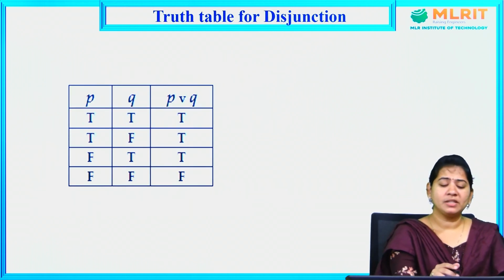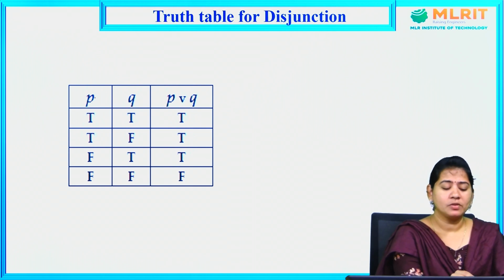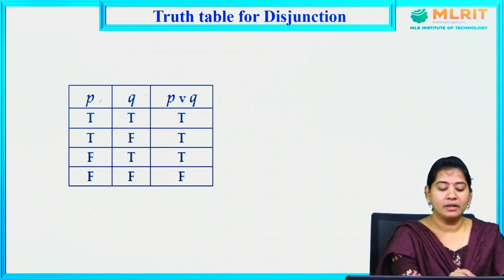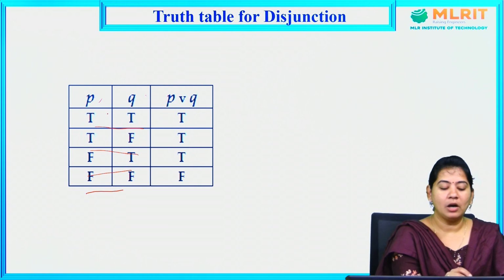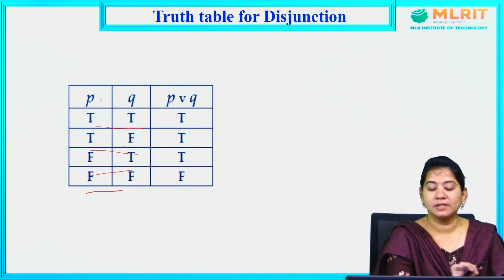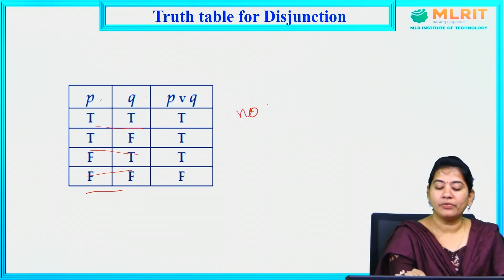Just like the conjunction, we have considered two statements, P and Q. And here you get the same possible combinations as you have only two statements. How we get these possible combinations is based upon the number of variables.